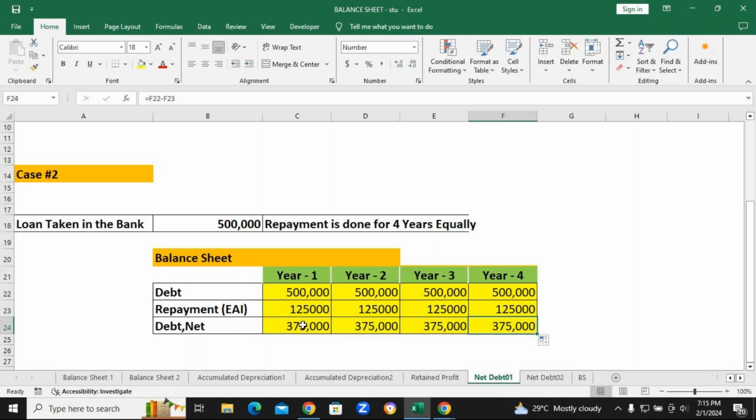Every year I am going to pay, that is equal annual installments, 1,25,000 for 4 years, and by the end of the fourth year the amount will be cleared. Done? Understood? Clear?